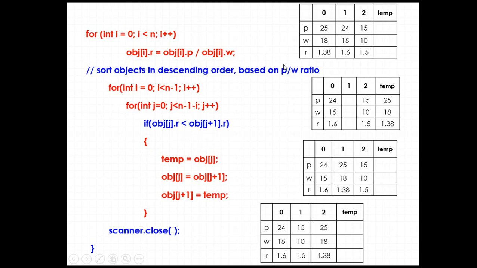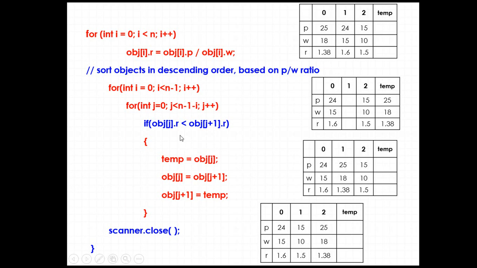So compare the 0th object ratio with the first object ratio. If the 0th object ratio is less than the first object ratio, what we have to do, with the help of a temp variable, is perform swapping, right? That is what I've shown over here.